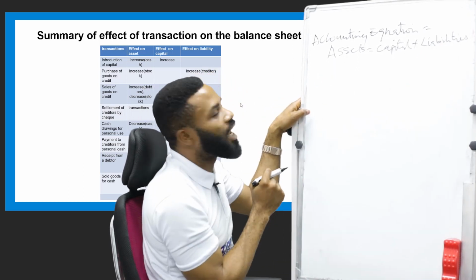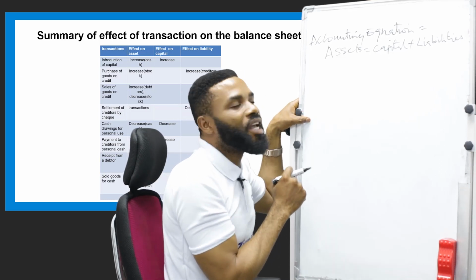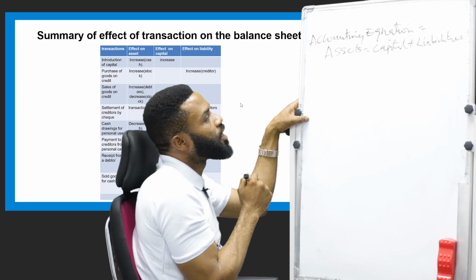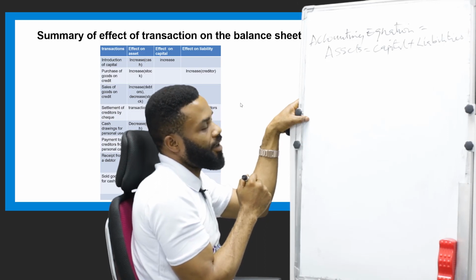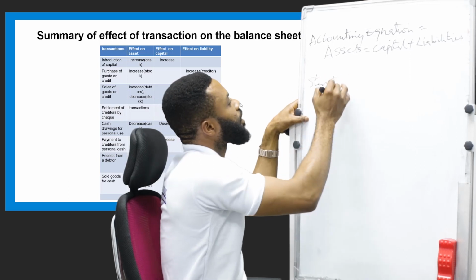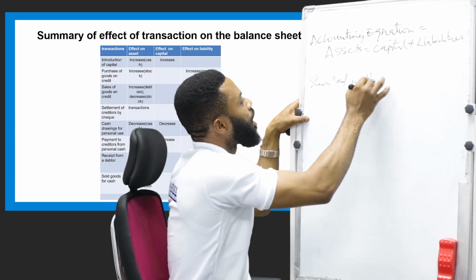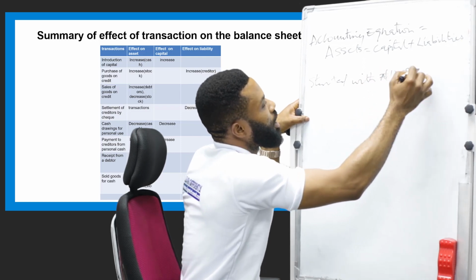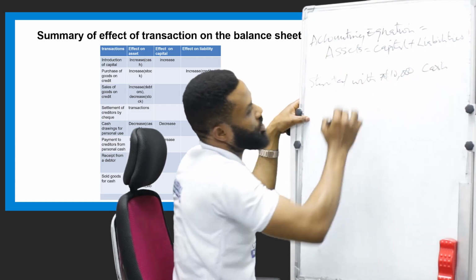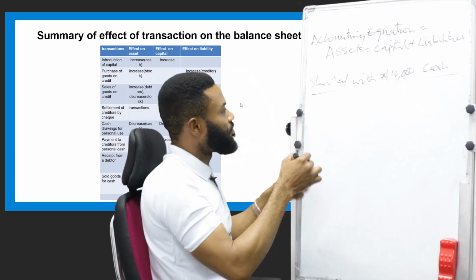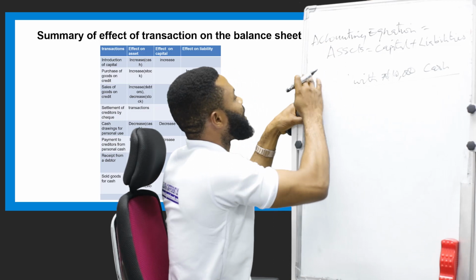So let's assume that we introduce capital. Let me assume John introduced 10,000 naira cash. John started business with 10,000 cash. Okay, this is a transaction.